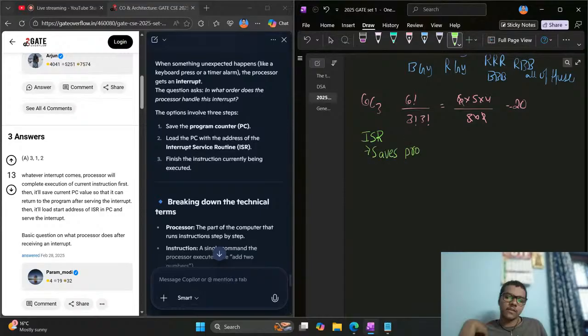Saves the program counter. Loads the program counter with the address of the ISR. That's enough. Finish the instruction currently being executed.